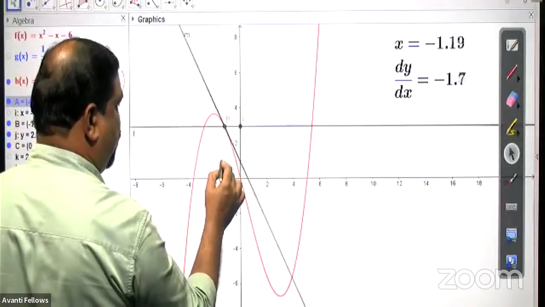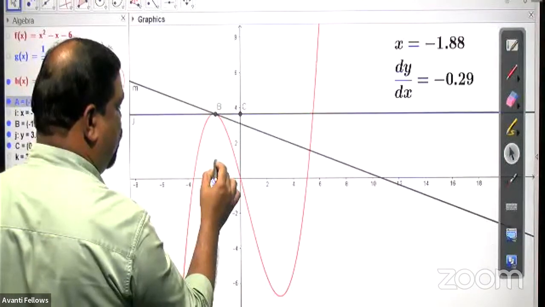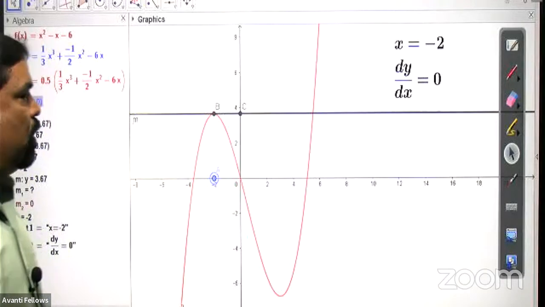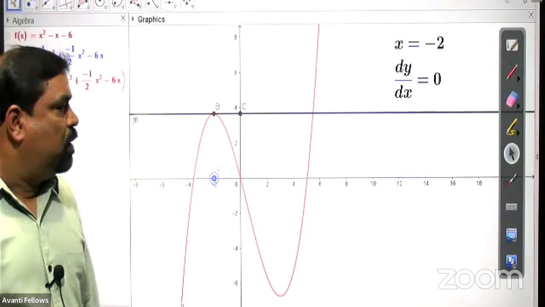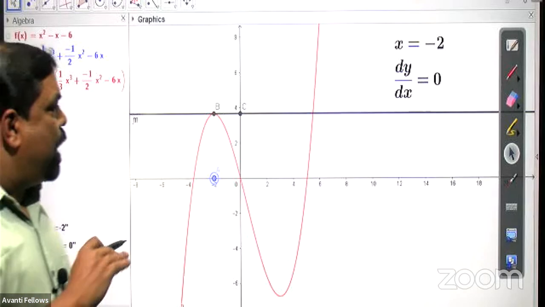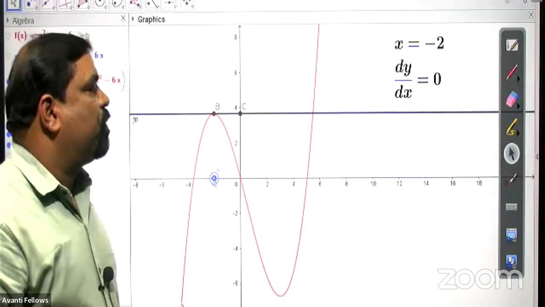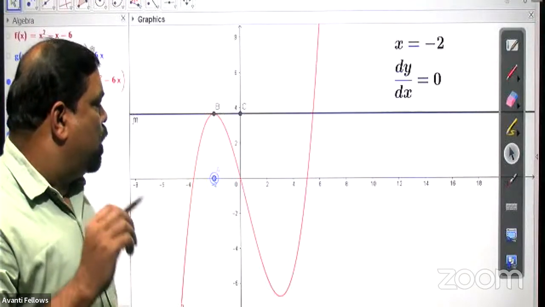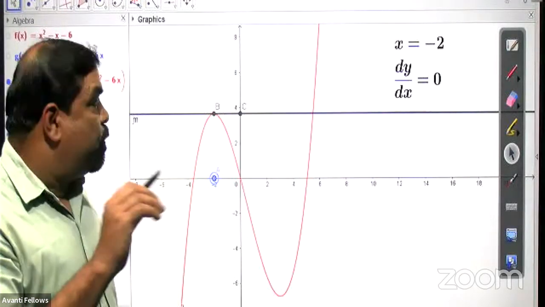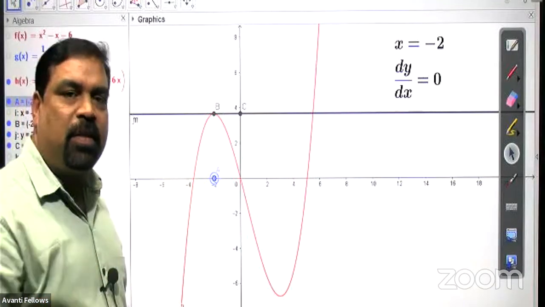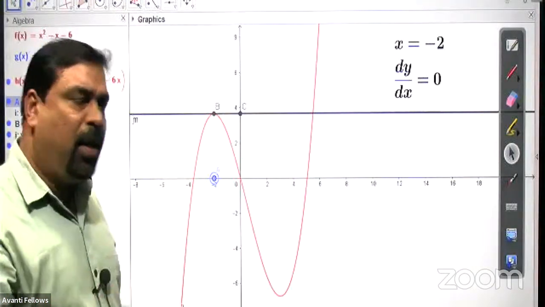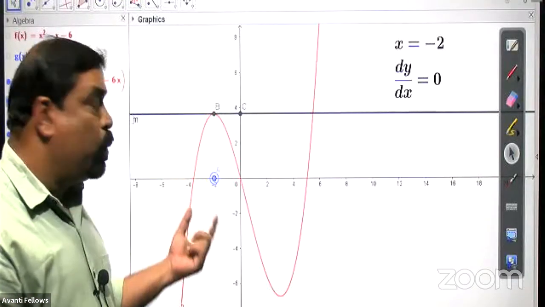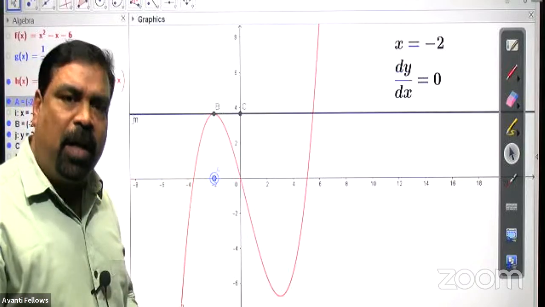You can see that when the point reaches exactly -2, the tangent at that point is exactly parallel to the x-axis. So it indicates very clearly that the derivative at that point is 0. So -2 is a turning point in that graph.